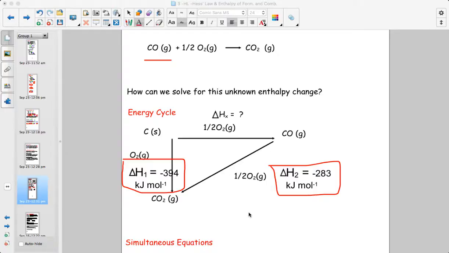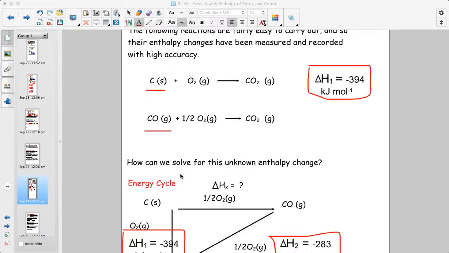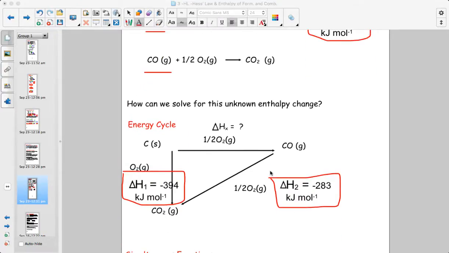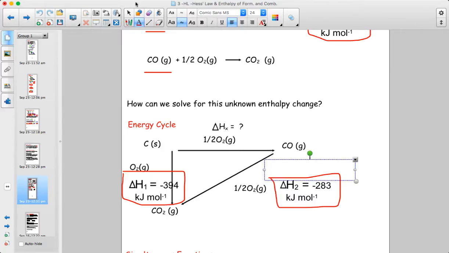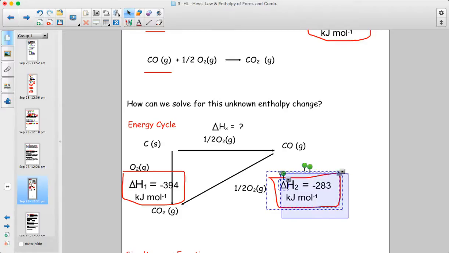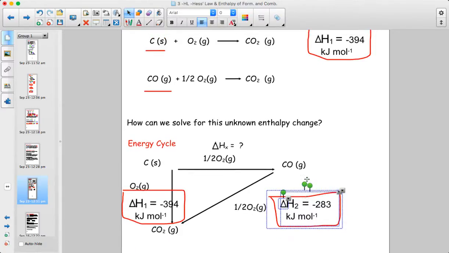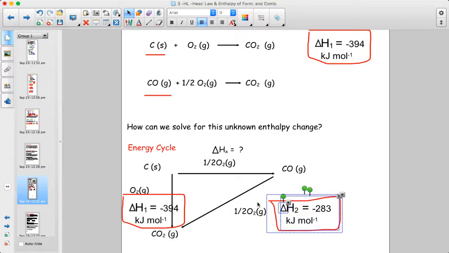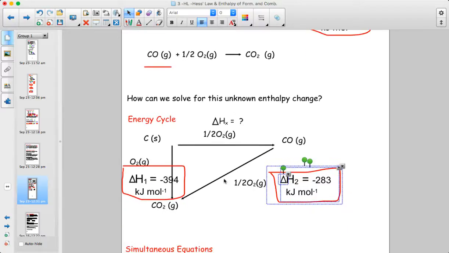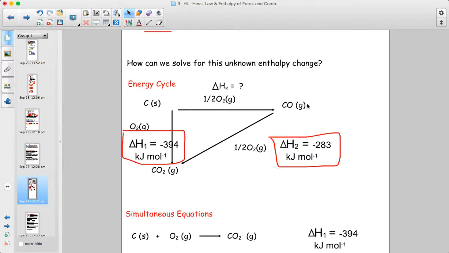So if I fill in the enthalpy change values, we know that going from carbon to carbon dioxide is negative 394 kilojoules per mole. That's just copied down from up above. We also know that going from carbon monoxide down to carbon dioxide is negative 283 kilojoules per mole. And so the one that we don't know is this one, but the concept is that these two changes should add up to this third change.